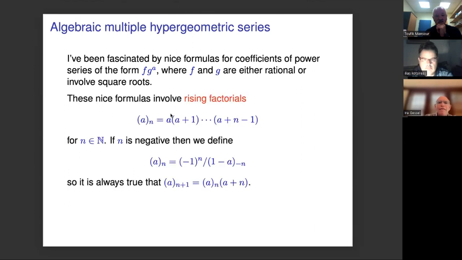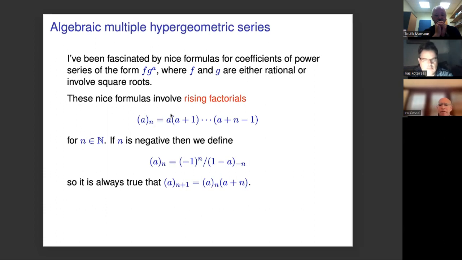So these all involve what are called rising factorials. A sub n, I'm using the hypergeometric series notation where this a in parentheses sub n is the rising factorial, a times a plus 1, up to a plus n minus 1. And if n is a negative number, we define this in the obvious way.